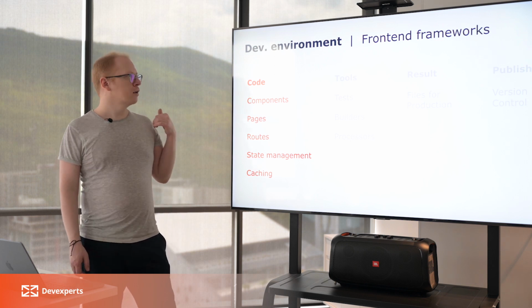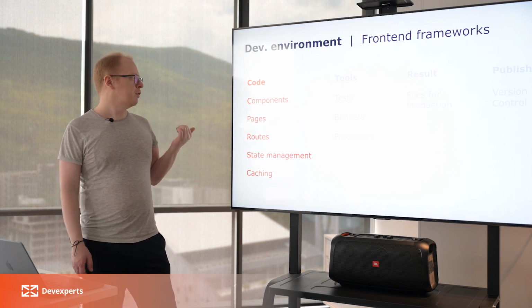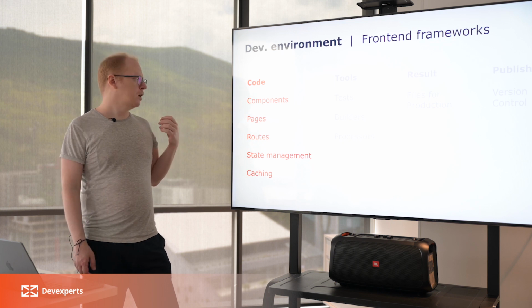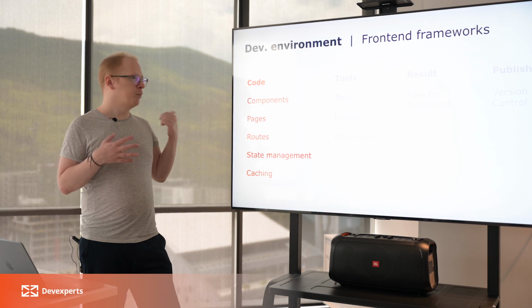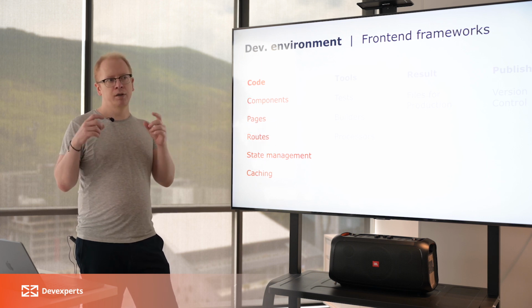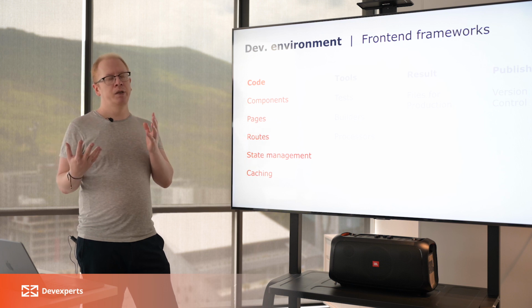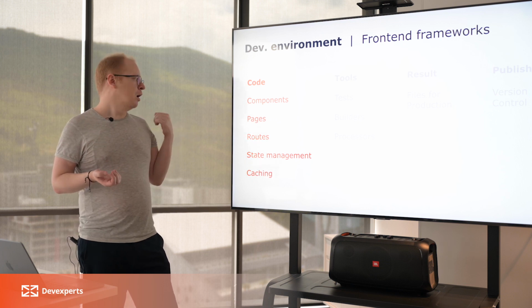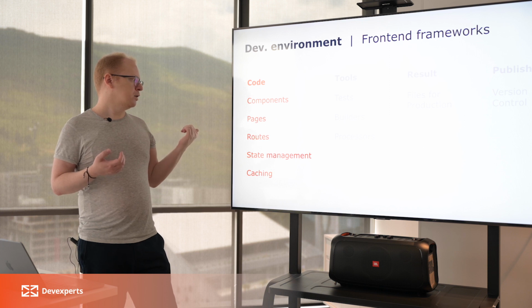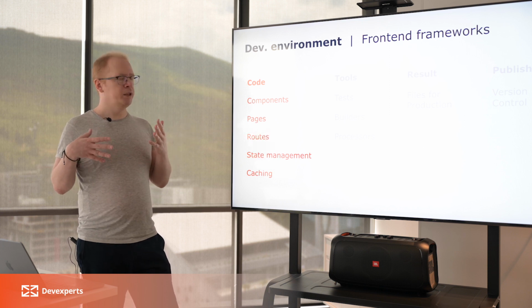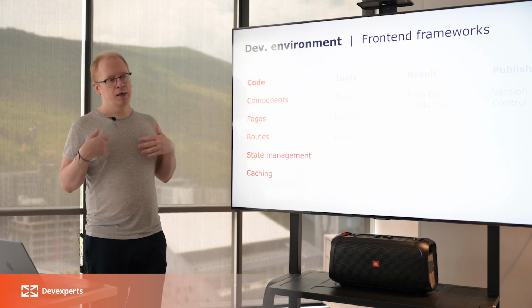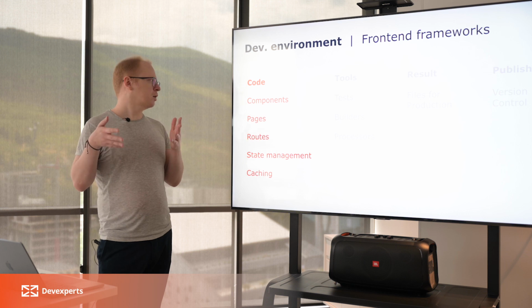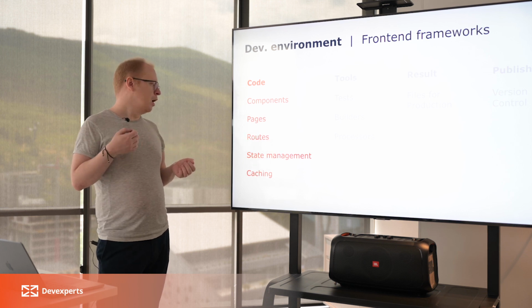And typically in the development environment, we break our code into various entities like components. It's usually the small pieces out of which we then compose pages. The routes are basically bindings to these specific pages. So if the user accesses a specific page, what components, what pages should be displayed.